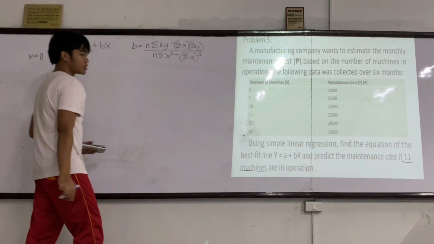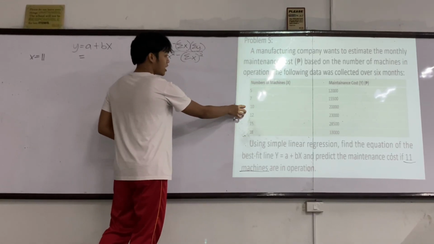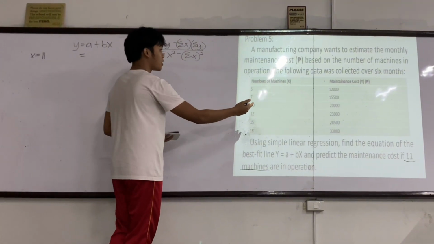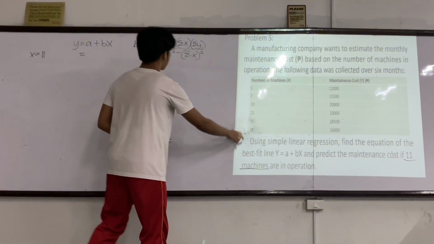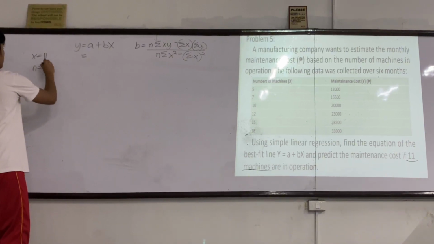So to find the N, we will just need to count the number of values in the x and y variables, which is 2, 4, 6. So there are 6 pairs, so N is equal to 6.